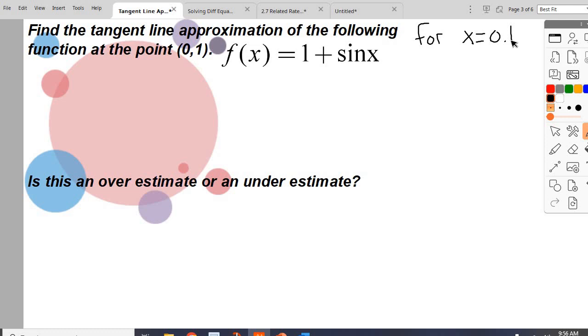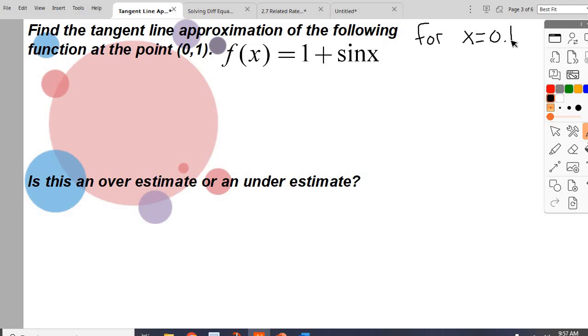So I have an f of x. What do I need to do first? Yeah, so they give me a point that we're wanting to revolve that around. Agreed? Okay, which is 0, 1.